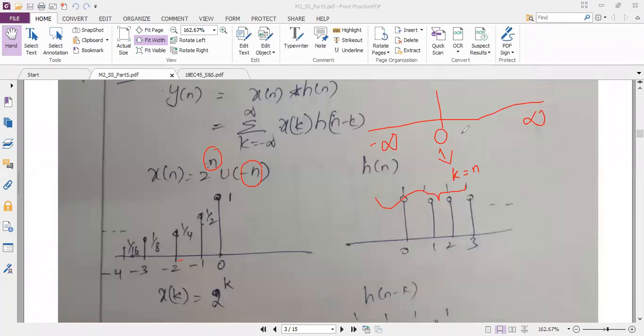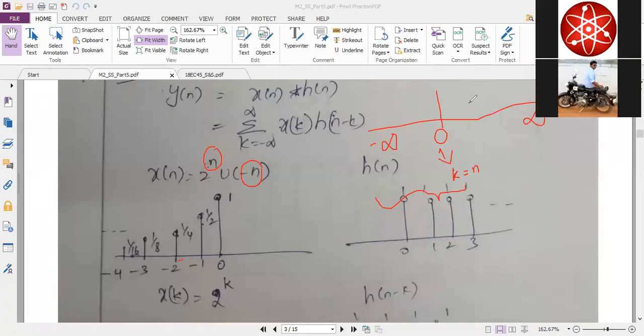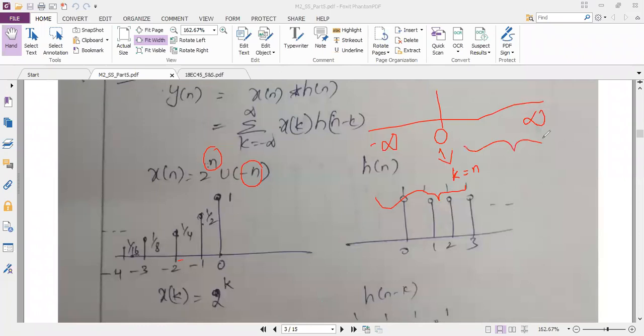Later on I will get the output even from 0 to infinity. 0 to infinity means now it is towards the positive x-axis, that means my output is at the positive side. So no more u of minus n will be present. Now this is u of n. If it is u of n, then my question will be changed as 2 power minus n. I hope you are following it.